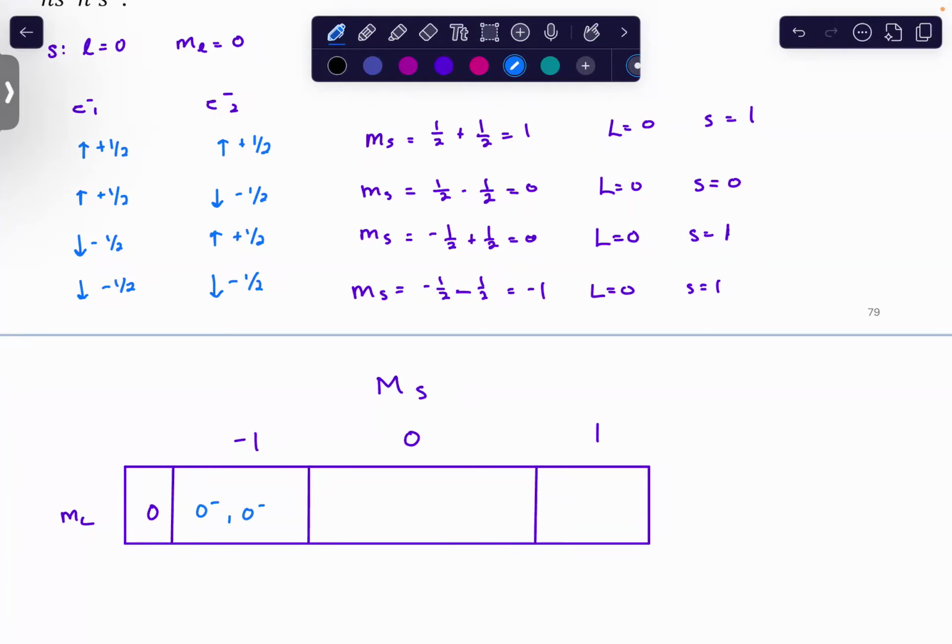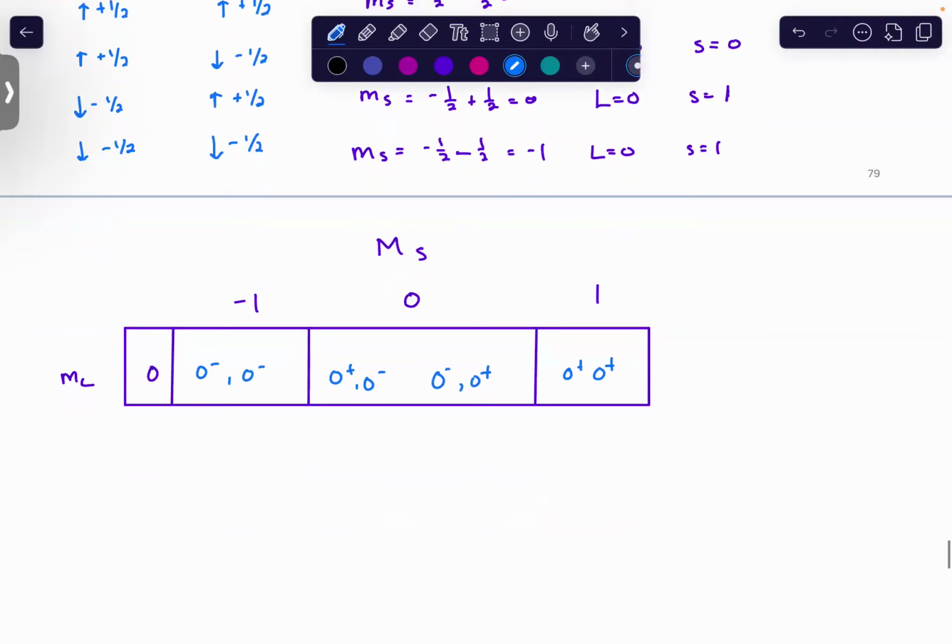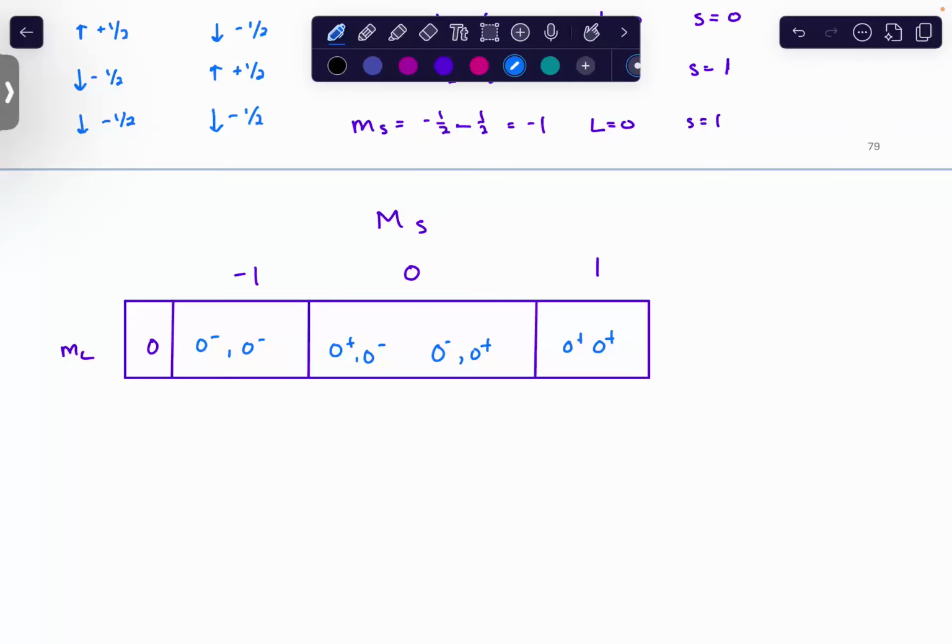In the center, and then over here, we have 0 plus, 0 plus. So those are our microstates. Again, that 0 is your M sub L equals 0 level.